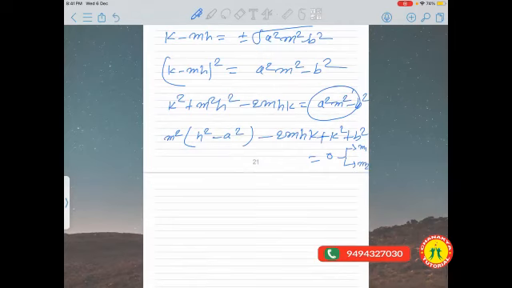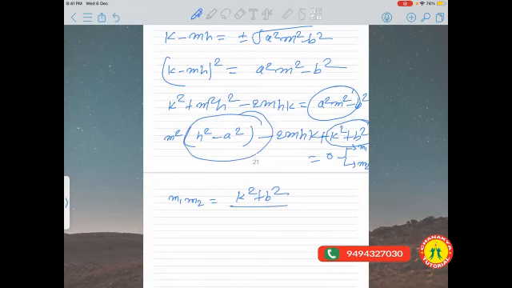So we know the product of roots m1 m2 is equal to c by a. It means c is this value, right? So k square plus b square, and a is this value, right? We know na, ax square plus bx plus c equal to 0 quadratic equation, product of roots alpha beta is equal to c by a.